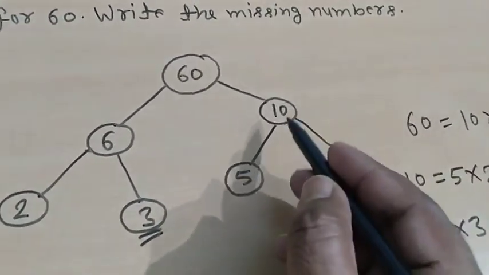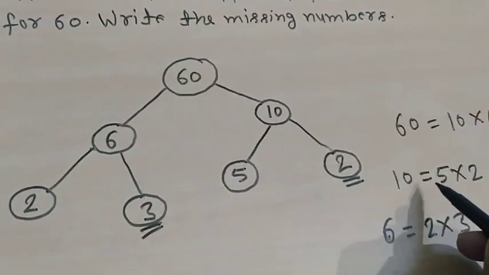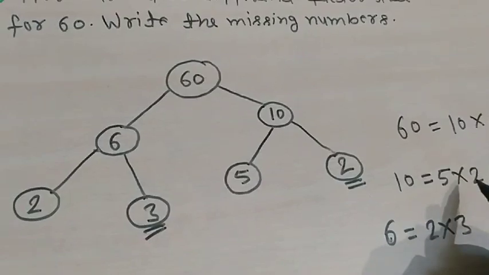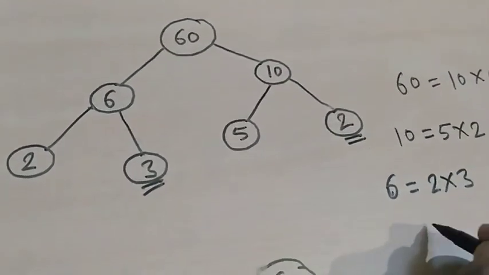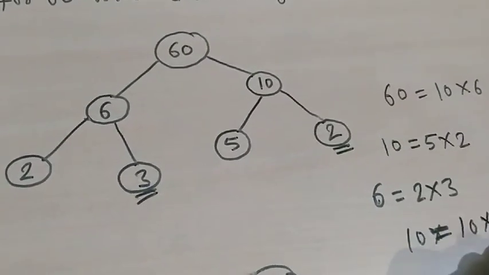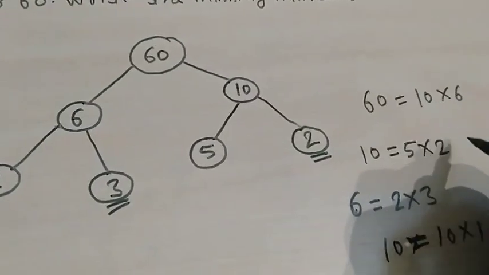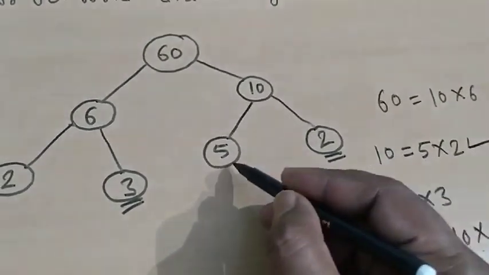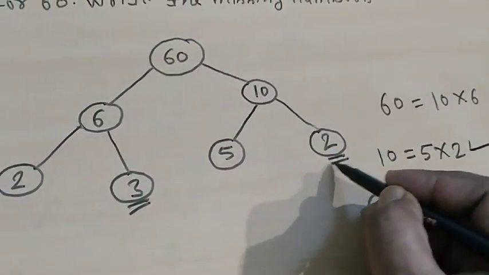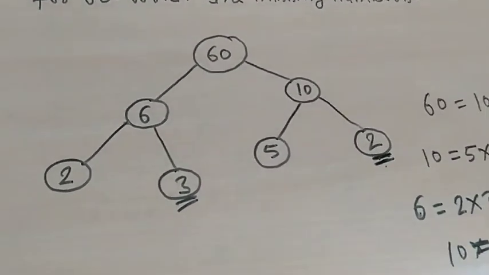And for 10, you know that we can write 10 is equal to 5 times 2. We could also write 10 times 1, but here 5 is given, so we choose these factors. Here 5 is available, so we write here 2. Okay, so we found the missing numbers of the given A part.